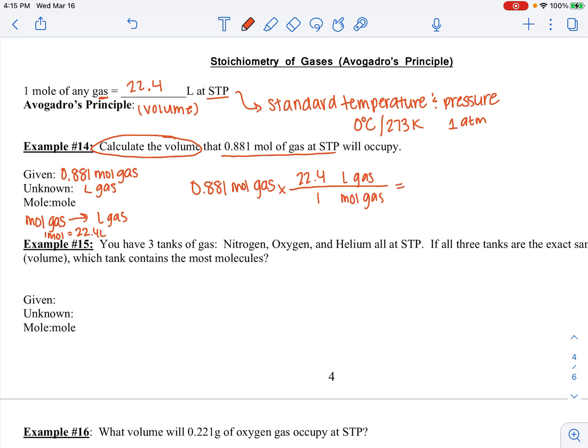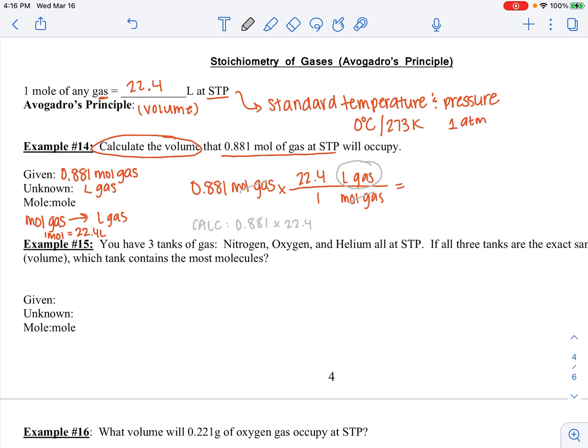So now we've crossed out moles of gas, and we are left in the unit we are looking for. In my calculator, remember, multiply by the top, divide by the bottom. So I would just do 0.881 times 22.4. You can divide by 1, but that's not going to change it at all.